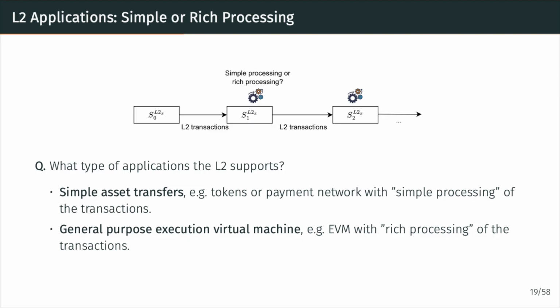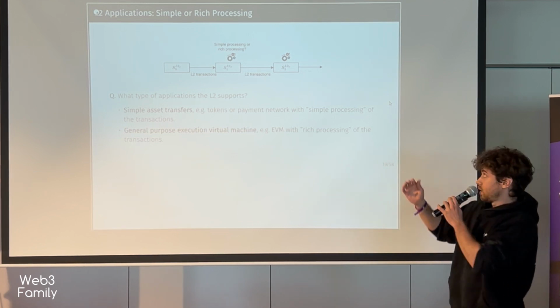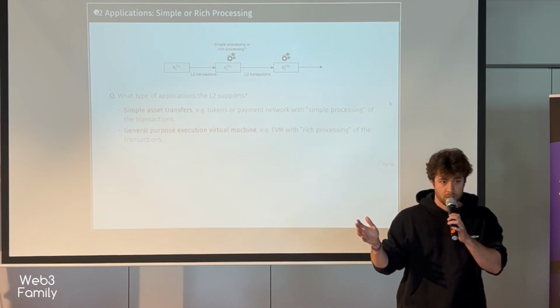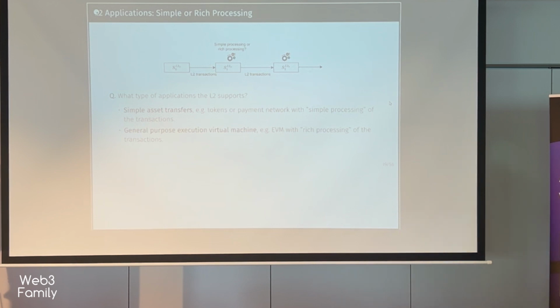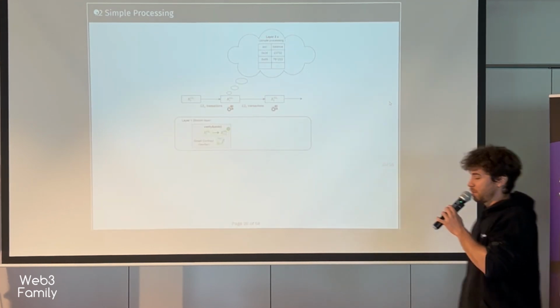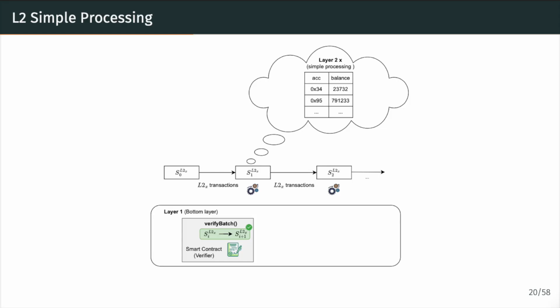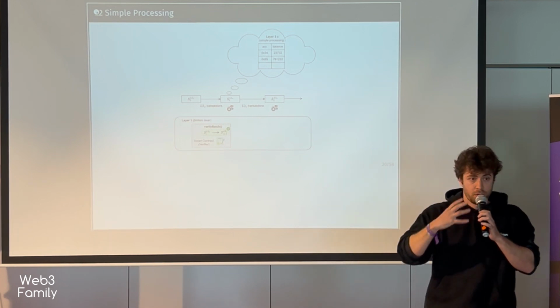I think this is the last question to classify all the types of L2s, and it is whether we are doing an L2 with simple or rich processing. What is simple processing? As the name says, simple processing is very simple. It means we are doing an L2 that only supports transferring balance or tokens. The first rollups only supported this kind of logic.